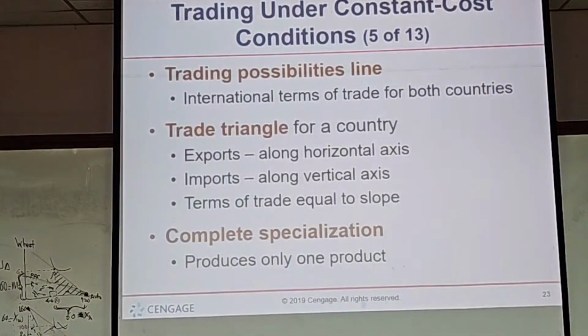It goes from here and appears here, it is actually the same. Where is the triangle, export, import 60? Look at export of cars in Canada.